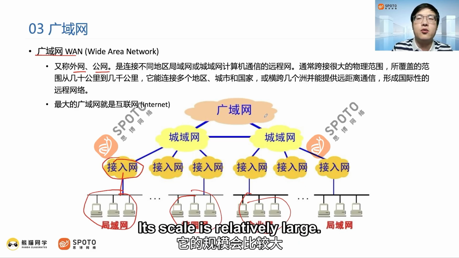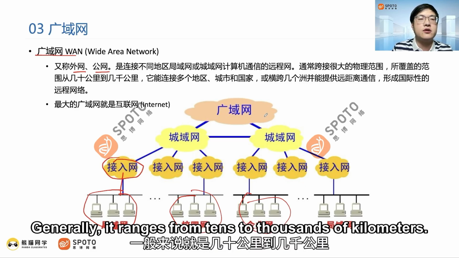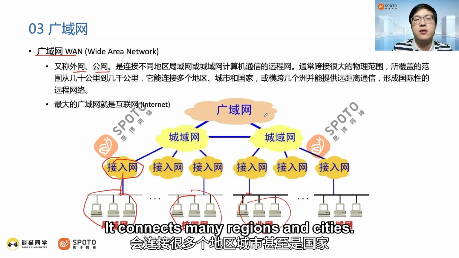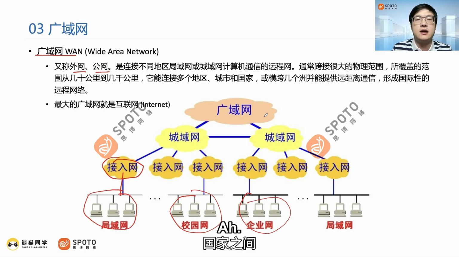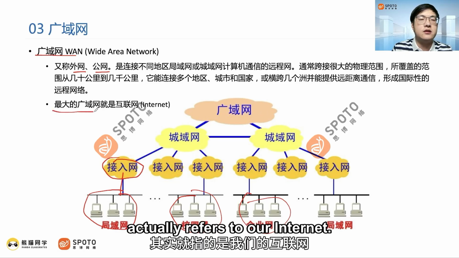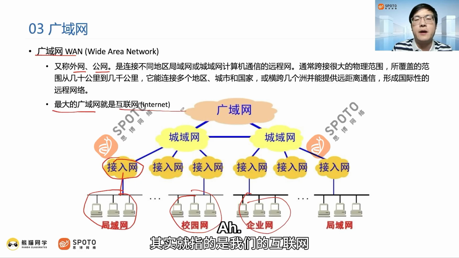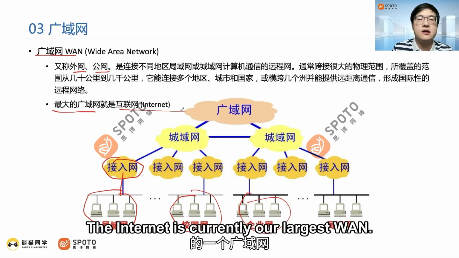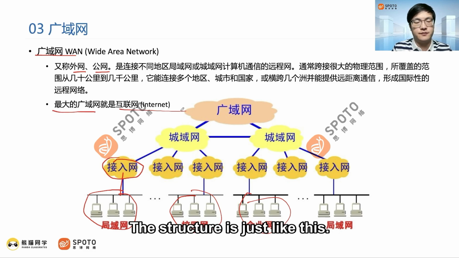Its scale is relatively large. Generally, it ranges from tens to thousands of kilometers. It connects many regions and cities, even countries. So the largest WAN actually refers to our internet. The internet is currently our largest WAN. The structure is just like this.